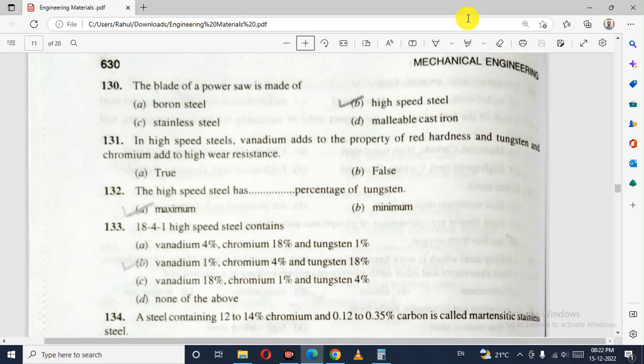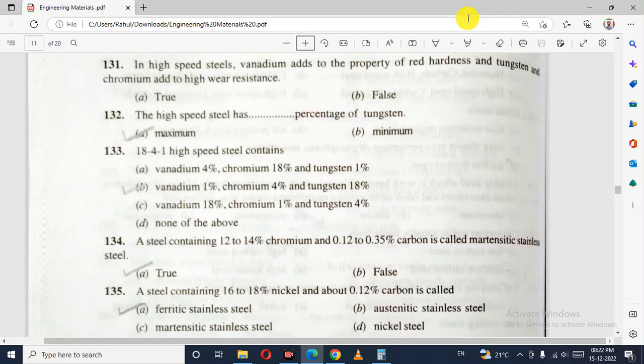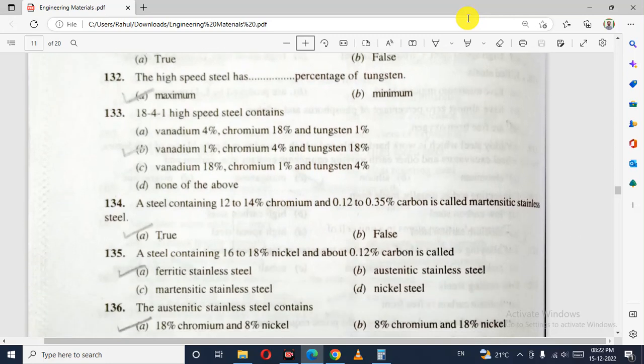Steel containing 12 to 14% chromium and 0.12 to 0.35% carbon is called martensitic stainless steel. True. Steel containing 16 to 18% chromium and below 0.12% carbon is called ferritic stainless steel.